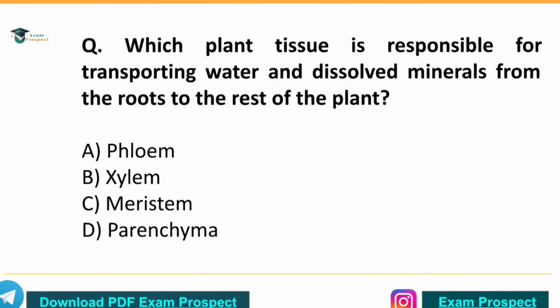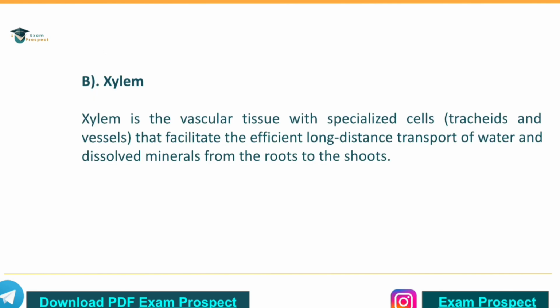Next question, which plant tissue is responsible for transporting water and dissolved minerals from the roots to the rest of the plant? Correct answer is option B, xylem. Here, xylem is a vascular tissue with specialized cells that facilitate the efficient long-distance transport of water and dissolved minerals from the roots to the shoots.